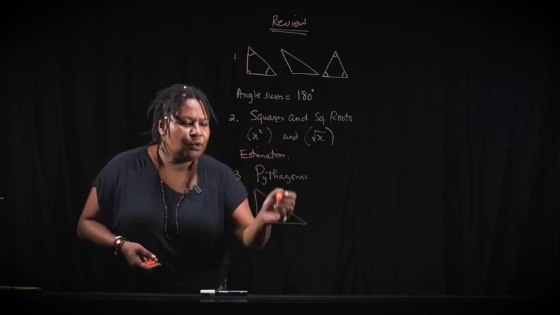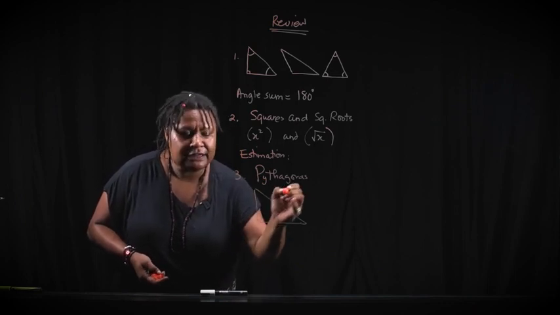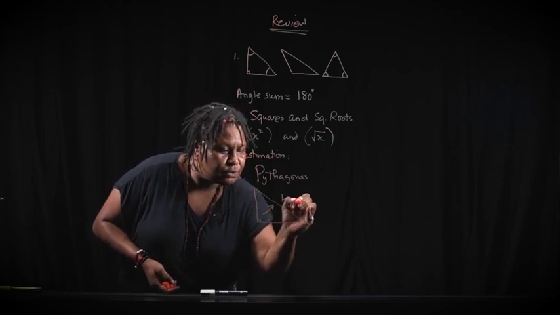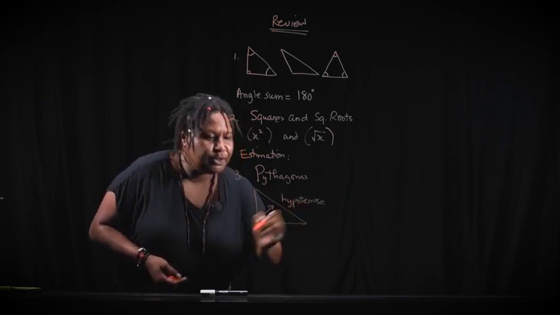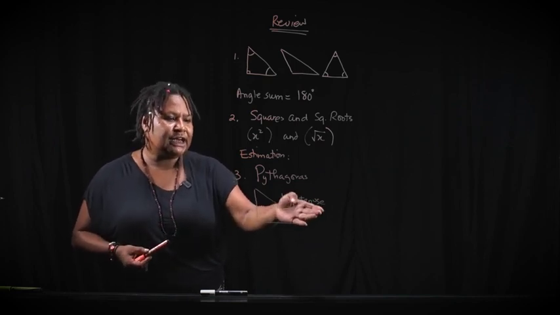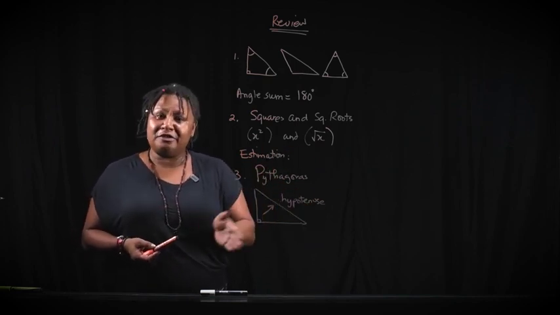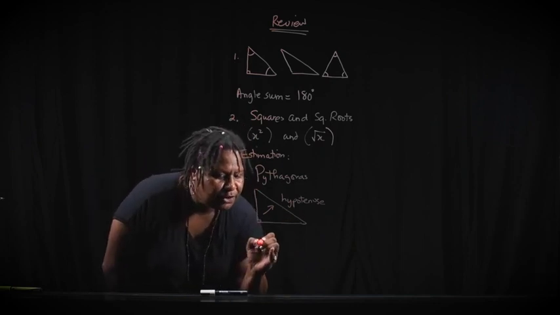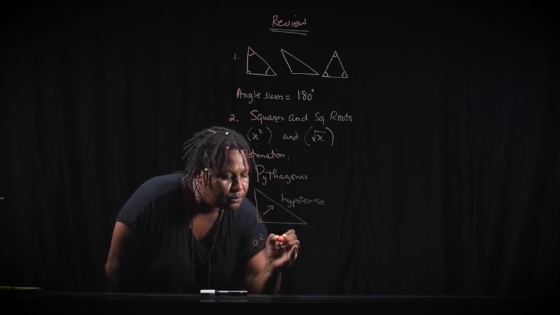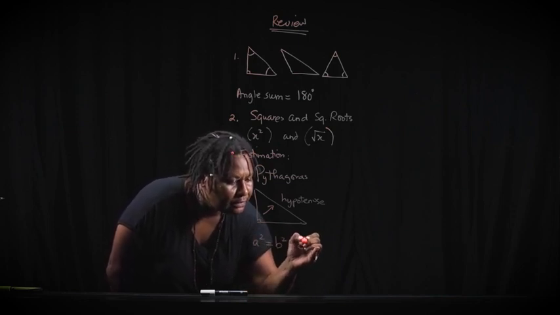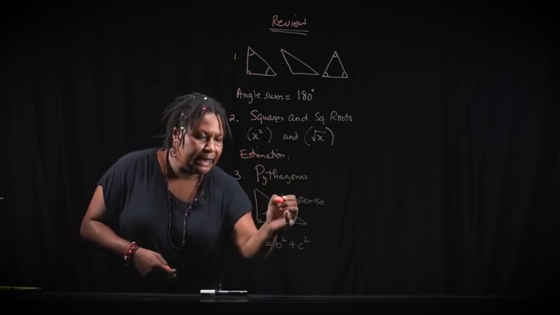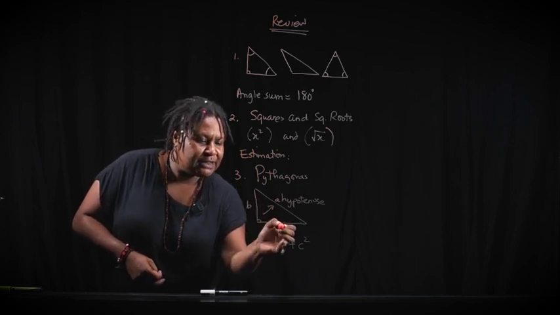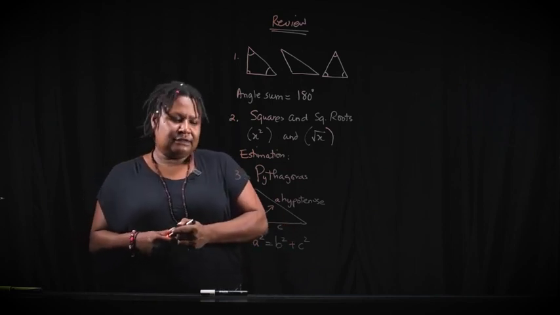Here we found that the long side, which is opposite the right angle, is always referred to as the hypotenuse. The Pythagorean theorem states that to find the long side, we use a square equal to b square plus c square, a being the hypotenuse and b and c the other two short sides.